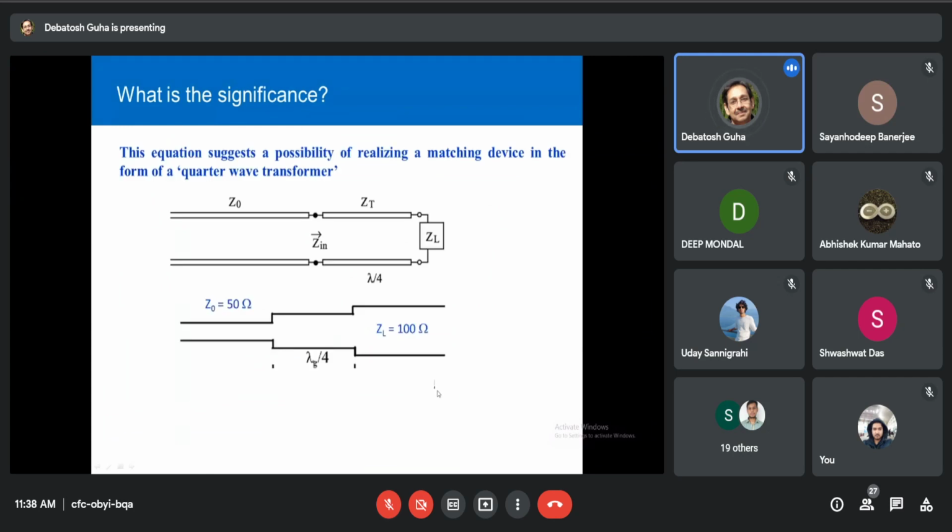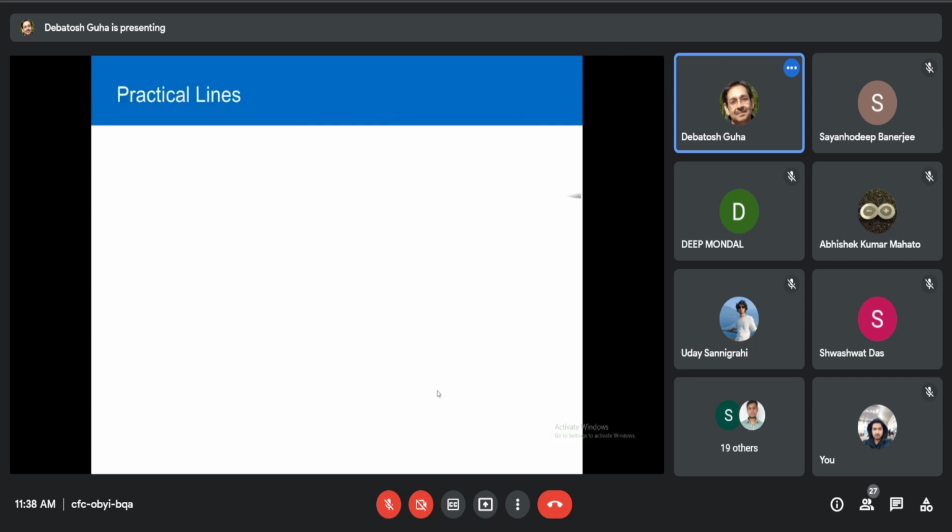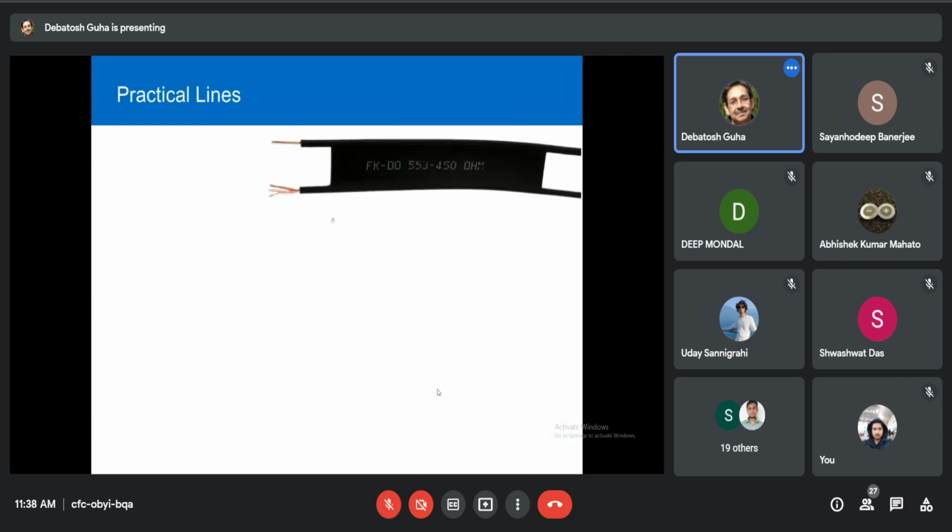So you got this similar solution. Now about this matching device, I'm coming to the practical lines. Typically, mainly two lines, just note it. This is the diameter of a line, and this is the separation from center to center.